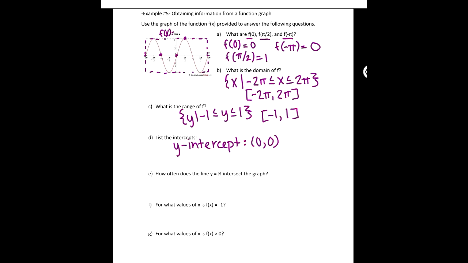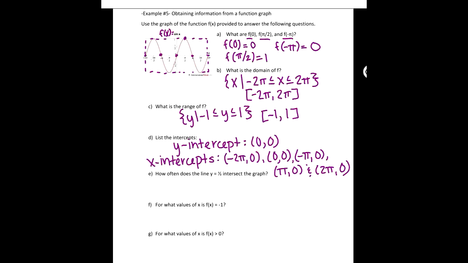But I have a lot of x-intercepts, so I'm going to list all the ones that are in the domain: negative 2 pi, 0; negative pi, 0; 0, 0; pi, 0; and 2 pi, 0. All where they cross the x-axis.